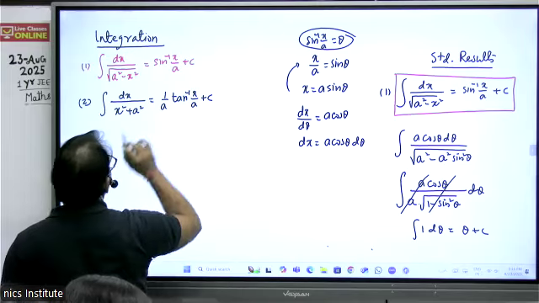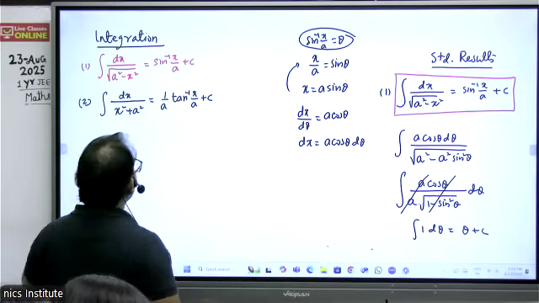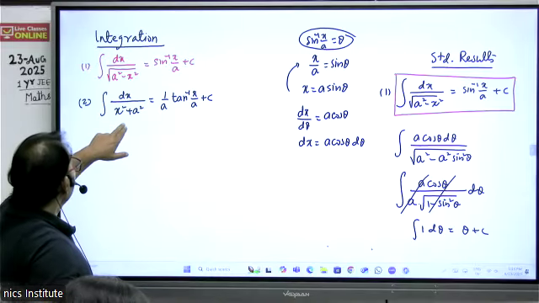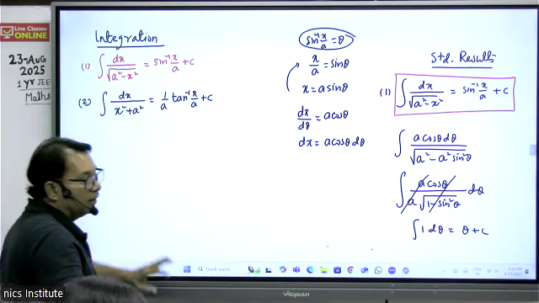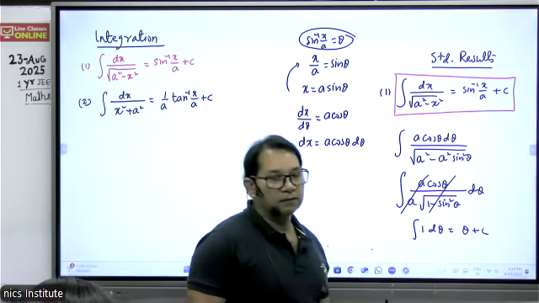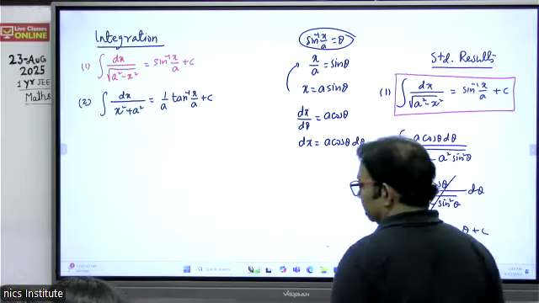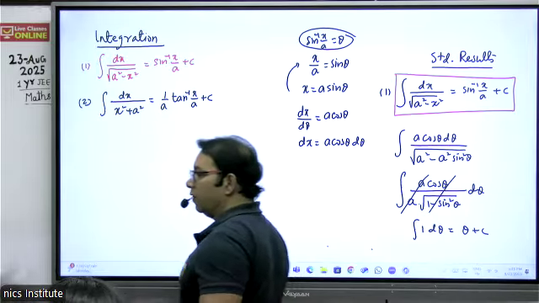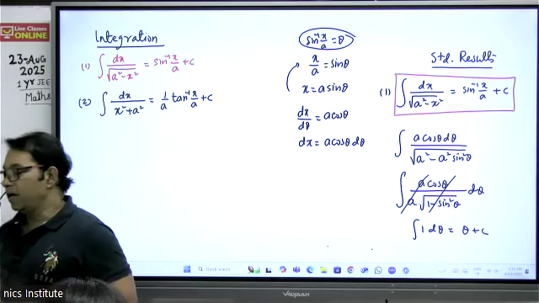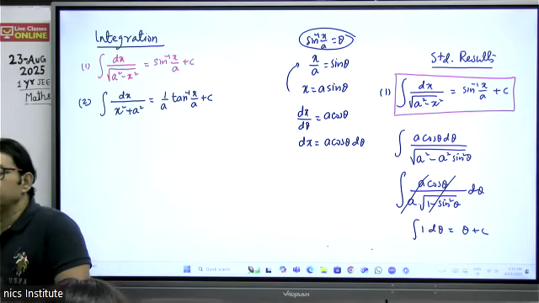So the second result. And for this, the substitution would be x equal to a tan theta or a cot theta. It could also be minus 1 by a cot inverse x by a. If converted to cot, it will be minus 1 by a cot inverse x by a.